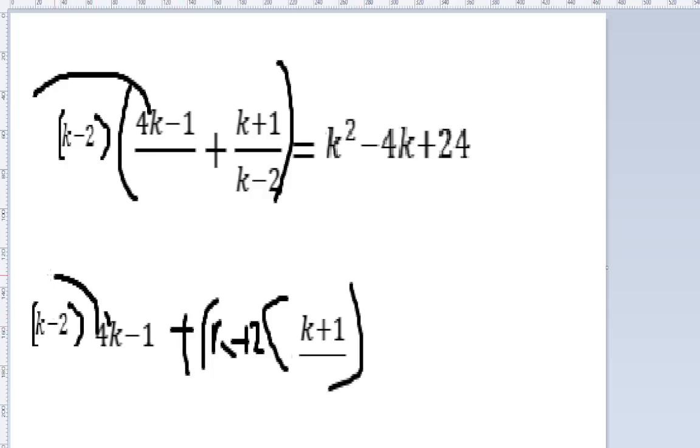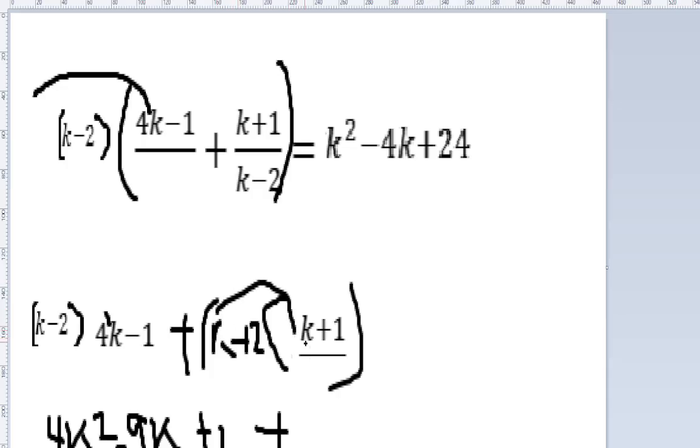And then if I expand this, I get 4k squared minus 8k. Oh, sorry, 4k squared minus k minus 8k, so minus 9k, plus 2. And this one, I get plus, which makes my life easier, k squared plus 1k plus 2k plus 2.